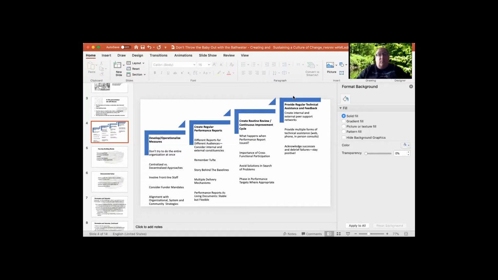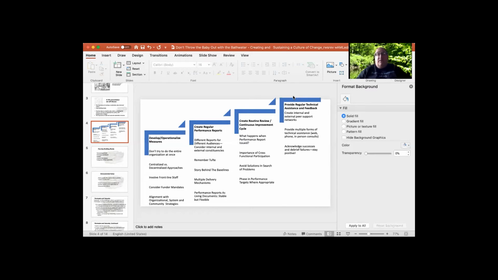Within the measurement development process, of course, you have to consider funder mandates and measures that are required to be reported at the federal and state levels. And of course, there's still that alignment with organizational system and community strategies that all come into play.